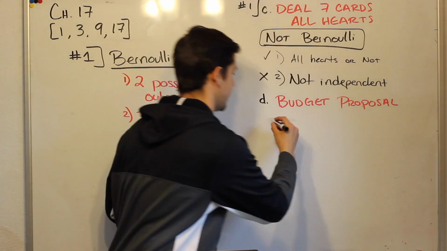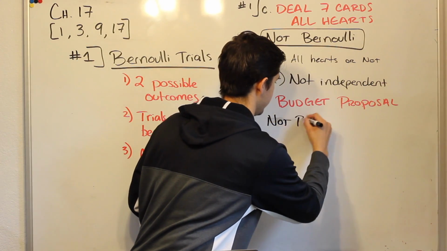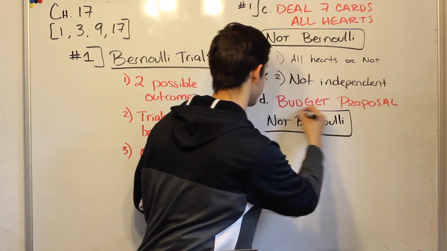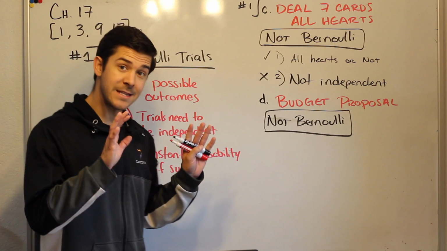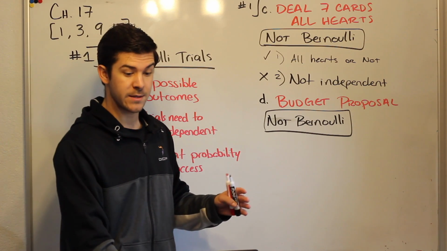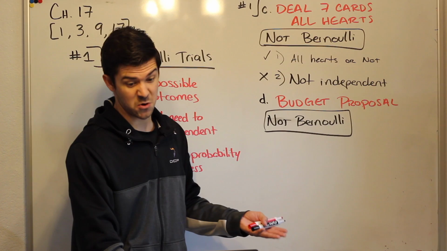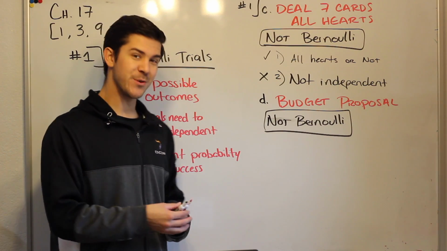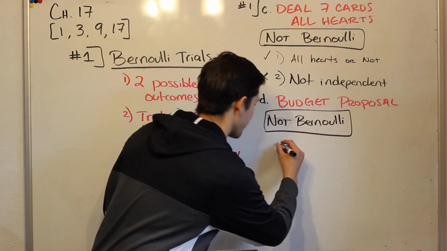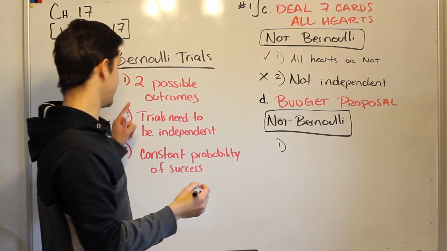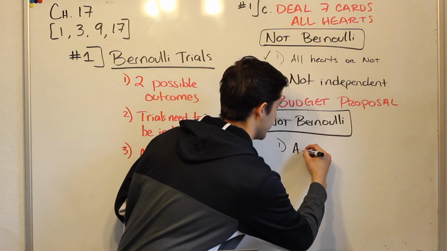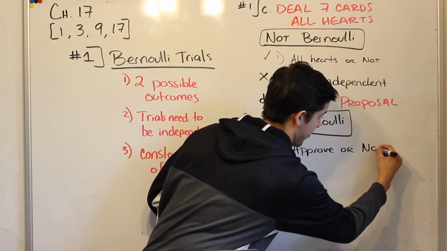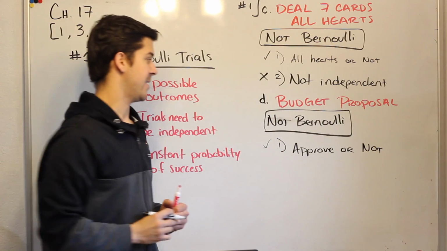This problem is actually not considered Bernoulli. Remember, this isn't the actual proposal. This is just a survey to see who would vote or who would approve. It's a poll. Now, number one is satisfied for a Bernoulli trial because there are 2 possible outcomes. It's either they approve or not approve. So that's good.